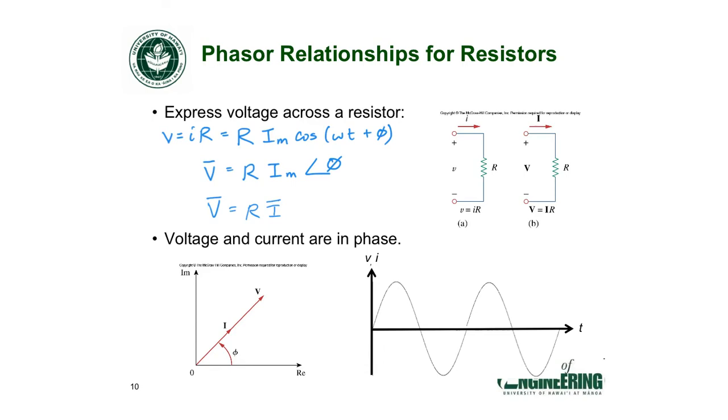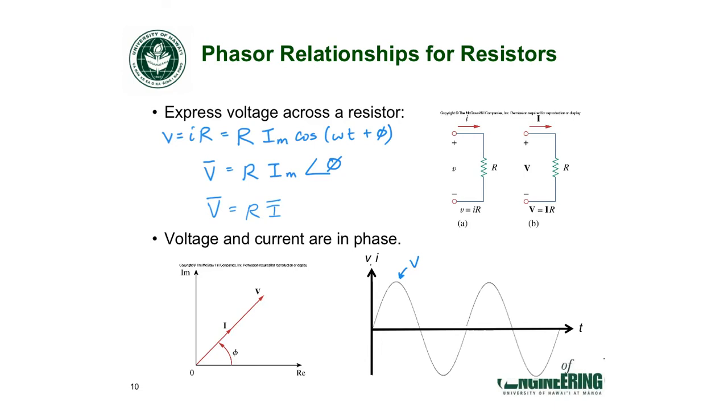This curve would represent the voltage. Maybe that looks like a sinusoid, and we wrote a cosine, so you have to have some phase in there. But whatever voltage I have, my current is going to be in phase.